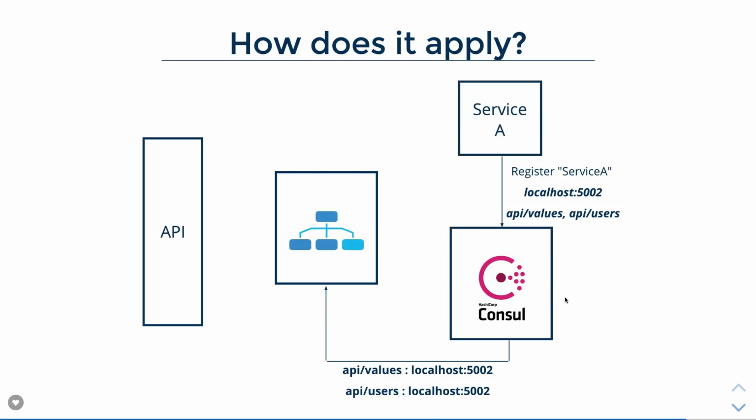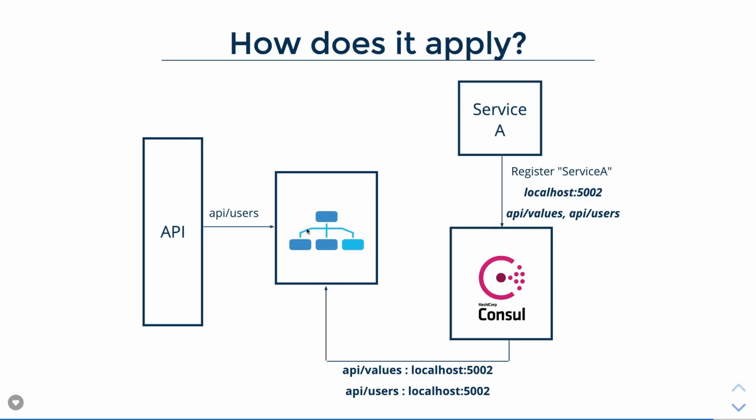So we will say that our service A supports these two paths. So if we send a request under API/values or API/users, or whatever you have in your particular microservice, then these two paths are the ones that we can handle. Then console sends this to the Fabio.